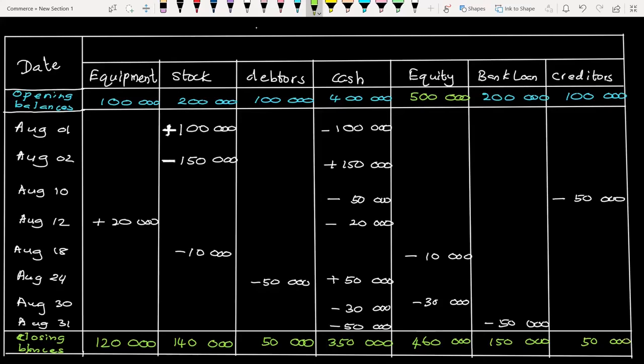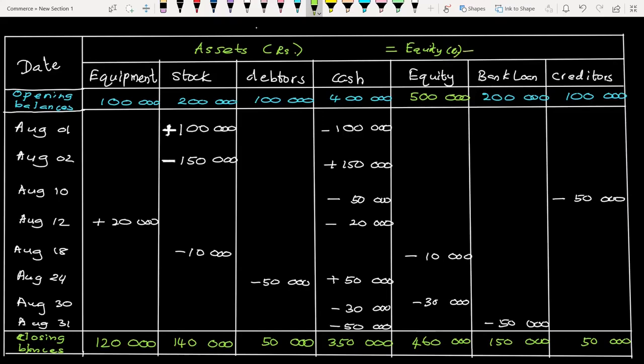Now let's write our accounting equation. Here we have equipment, stock, debtors, cash. These are our assets. So let's write assets here in rupees. Then here we need to place our equal mark. And after that, this is equity in rupees. Then what we have is two liabilities columns.